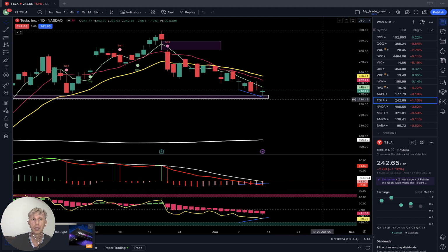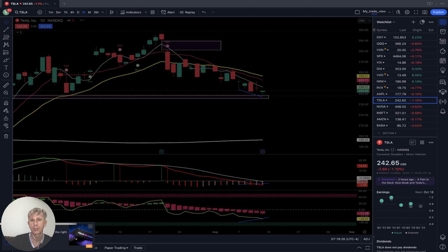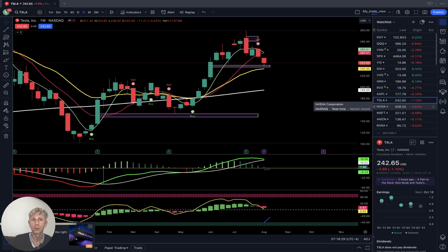Okay, bearish on daily and weekly time frame for Tesla. On weekly, it's beautiful to see that.